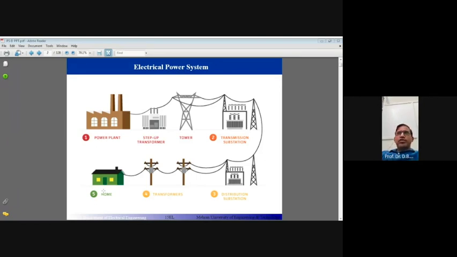Using a step-up transformer, we can operate at 132 kV. Above 33 kV operation, we call the electrical transmission system. Below 33 kV, we call the electrical distribution system.